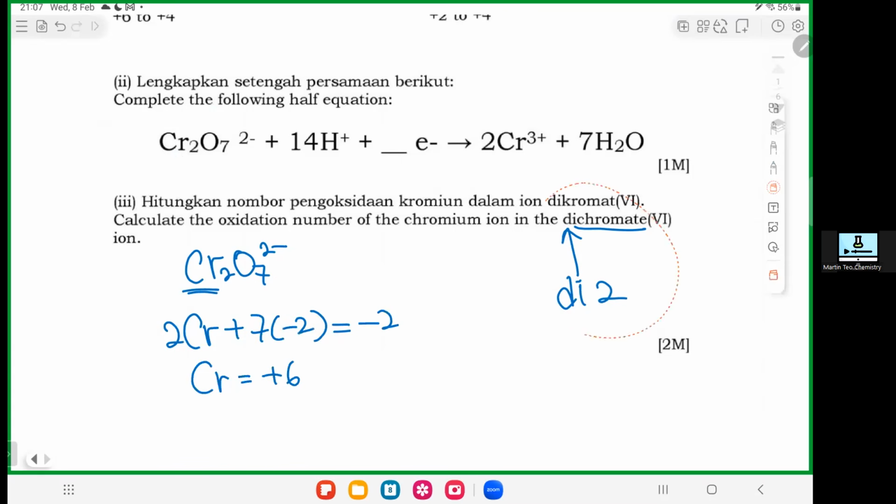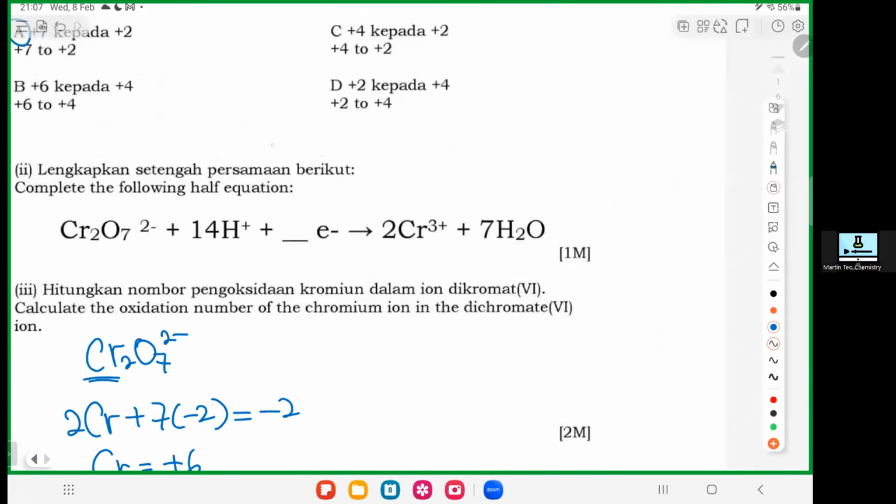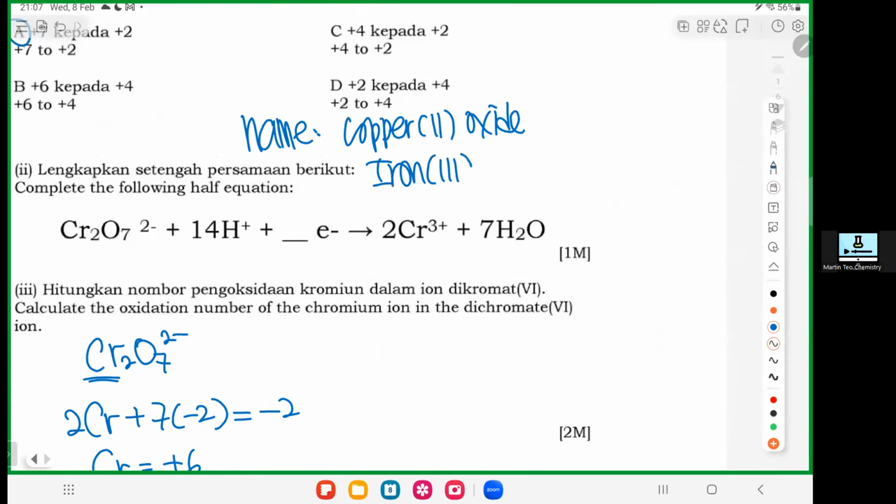I teach you a simple way to cheat. Sometimes when you look at the name, like for example copper(II) oxide, iron(III) chloride, whenever you see the name has a bracket with a Roman number, this number is actually the oxidation number.